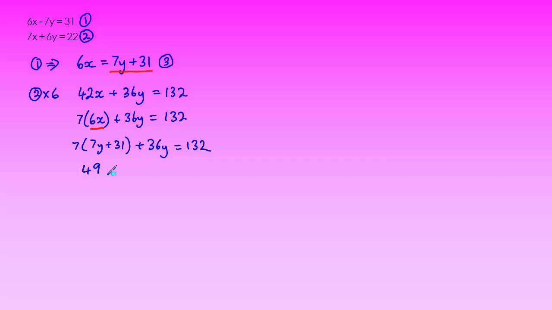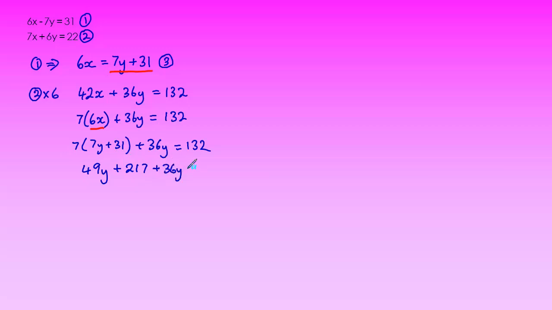So that's 49y add 227. That's not right. Seven times 30 is 210, and then 7 times 1 is 7, 217.